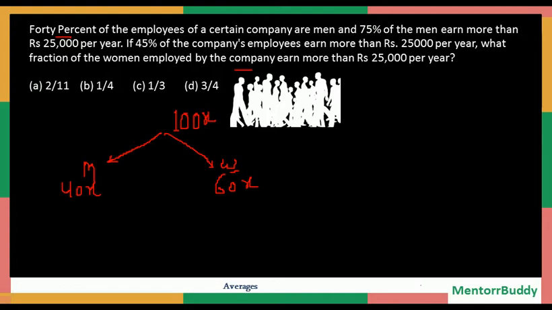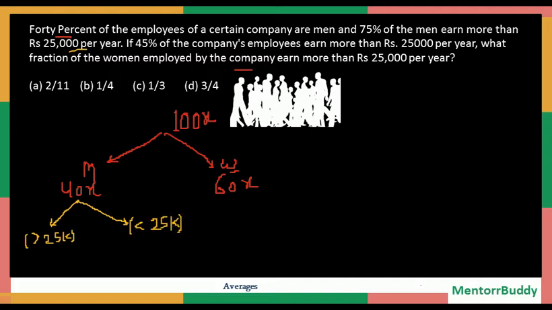Now further it says 75% of the men earn more than 25,000. So 75% is basically 3 by 4. So I am further dividing the men into two classes: the first class which are earning more than 25,000 and the second class which are earning less than 25,000.